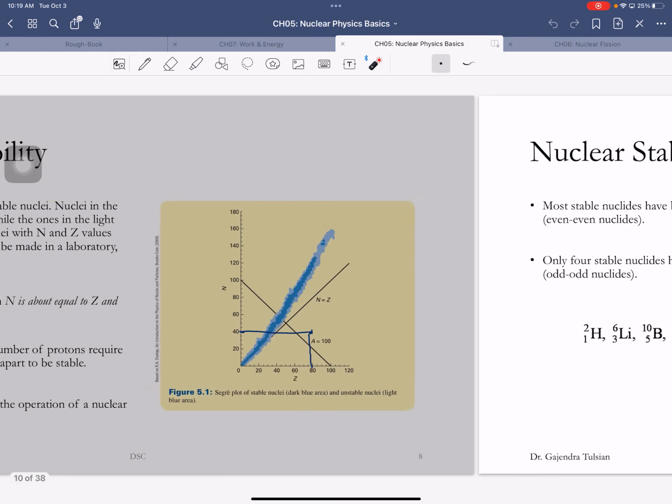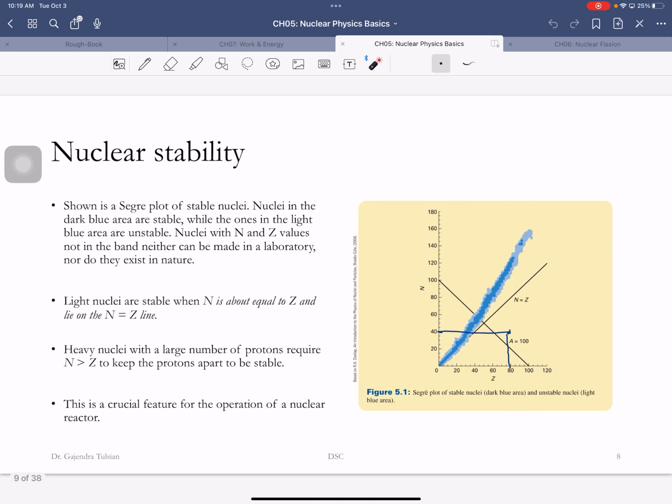So what does this graph tell you? These are the stable nuclei. This is the number of neutrons in the nucleus, and Z is the number of protons. What this graph is telling you is that if you have a smaller nucleus, the number of neutrons is equal to the number of protons.